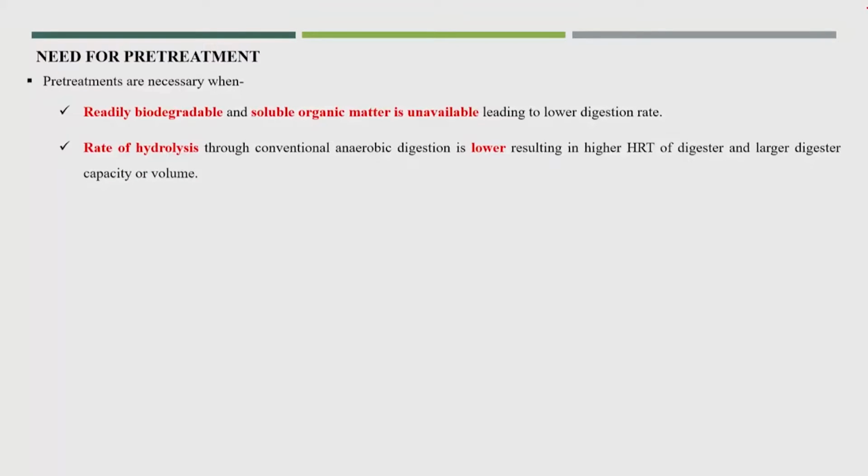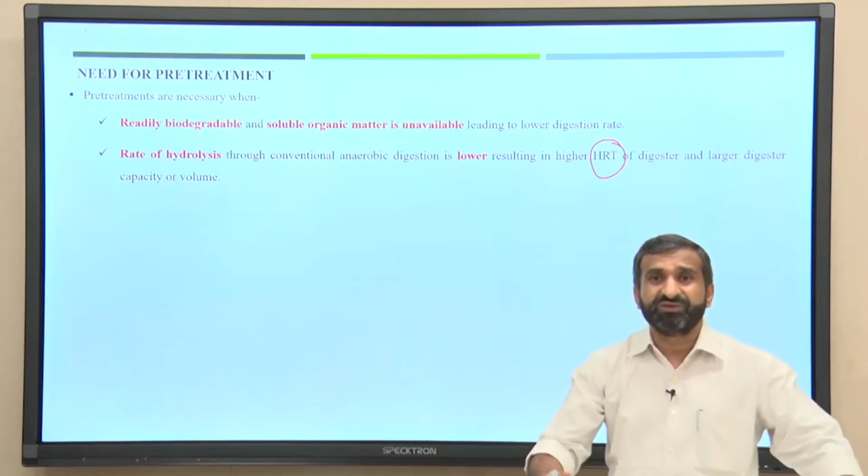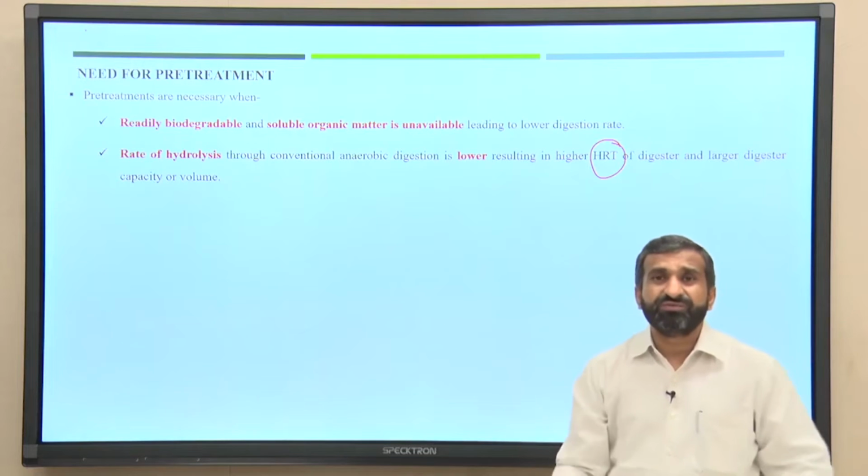Also, the rate of hydrolysis in conventional anaerobic digestion is lower, resulting in a higher HRT of the digester and a larger digester capacity or volume. See, this is very important, the HRT, hydraulic retention time. Because of that only you will design the volume of the reactor.